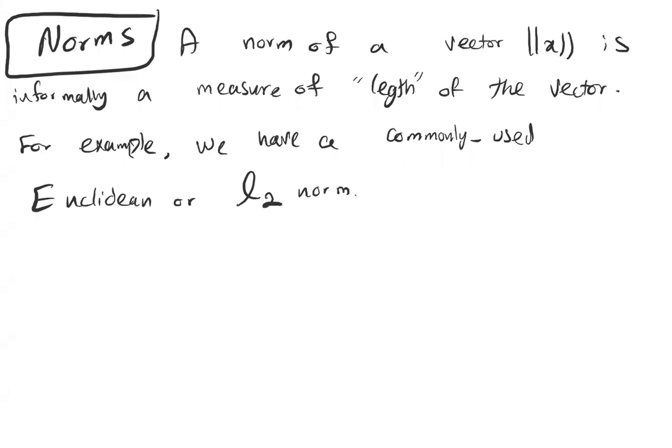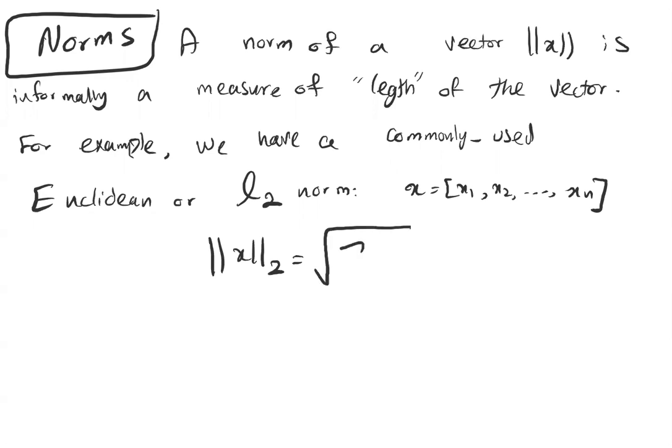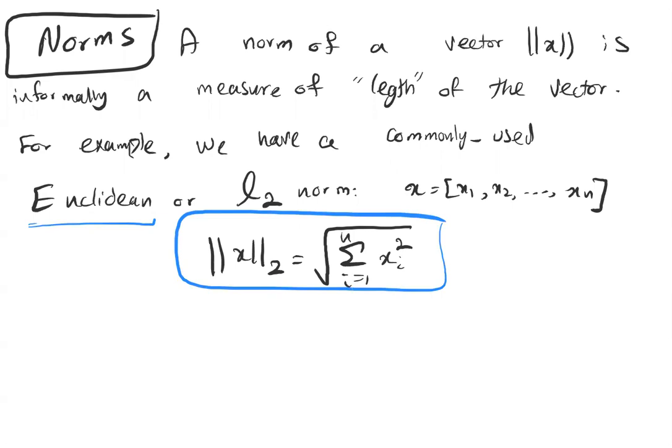How do we define the L2 norm for a vector x = x1, x2, ..., xn? The Euclidean norm, or norm 2, or L2 norm, is equal to the square root of sigma i from 1 to n, x sub i squared. It is called Euclidean or L2 norm.